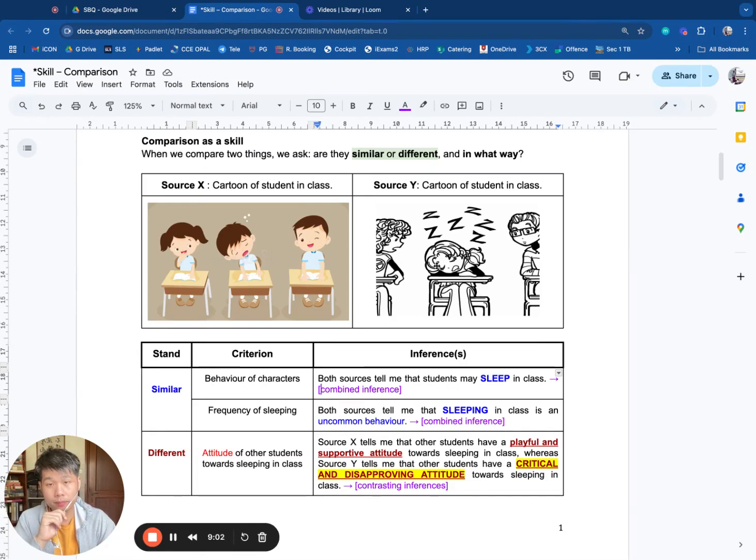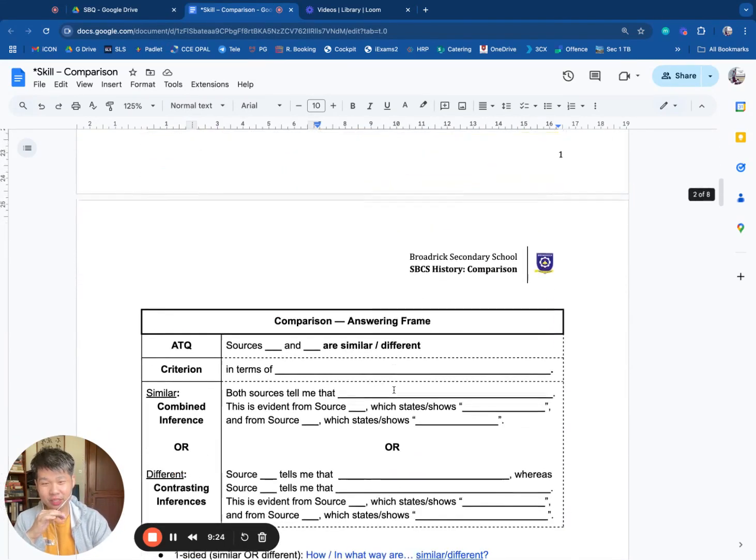There are two sources. So why is it that there's only one inference here when I talk about similarity? The question again is, I'm looking at two sources, I'm comparing two sources. So why is there only one single inference here for the similarity? Think about it. I hope you get the answer. I hope you figure it out. And then let's go to the next page.